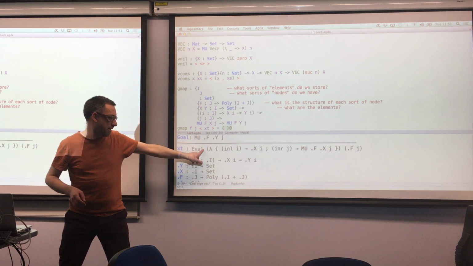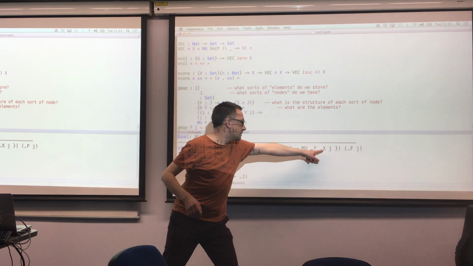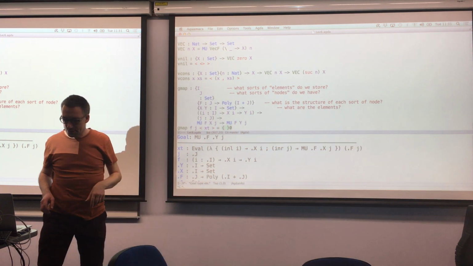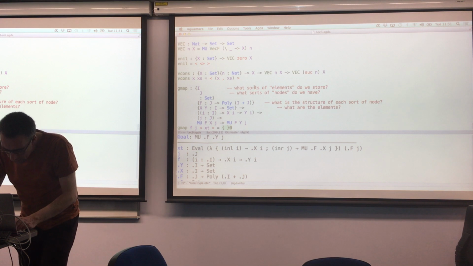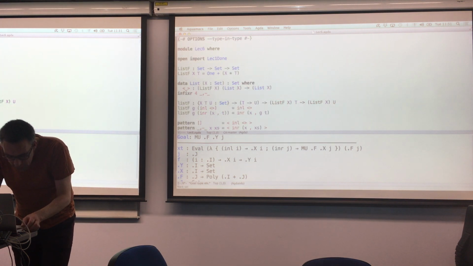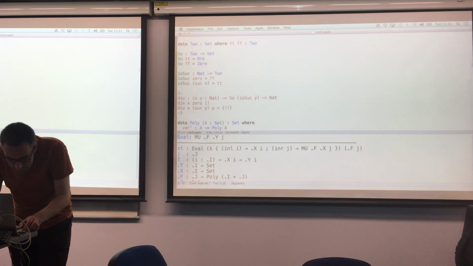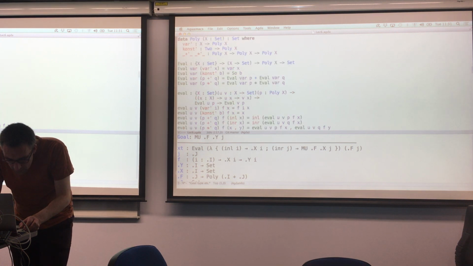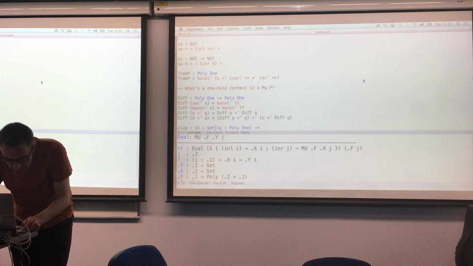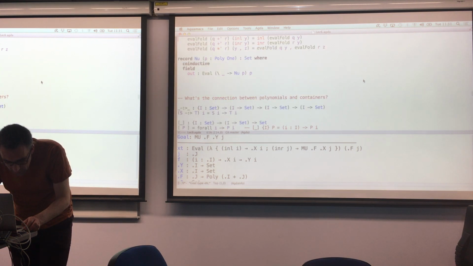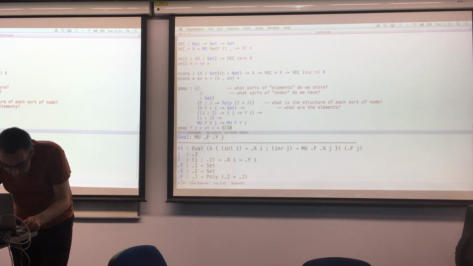We've got one of these structures. And now, I've got a feeling that a while ago I implemented map for polynomials. Yes, I did. It's even called eval.